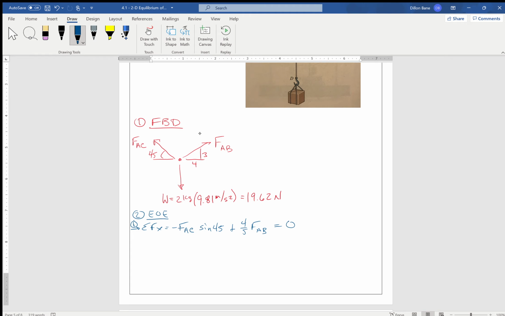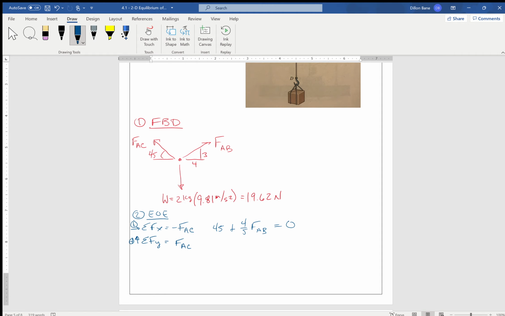Repeating this step for the y direction, we'll assume up to be positive. What we find is we have FAC positive. I'm sorry guys, I have these backwards right here.